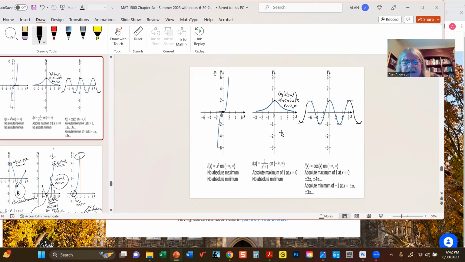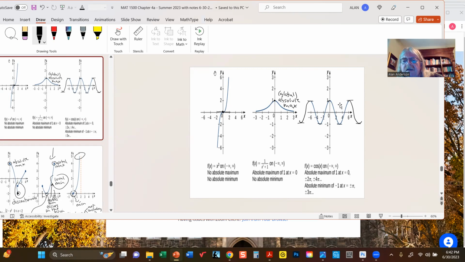In the second case, we do have an absolute maximum, although they don't show you how they came up with that result. But we do know that the tangent is flat there. And based on the function itself, the range is restricted to 1 down to negative infinity. So this has to be an absolute max.